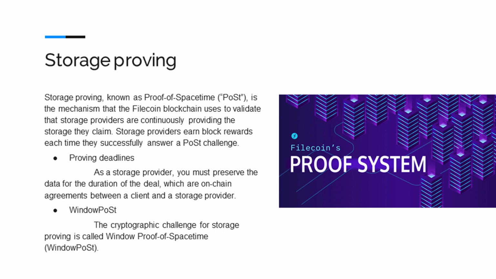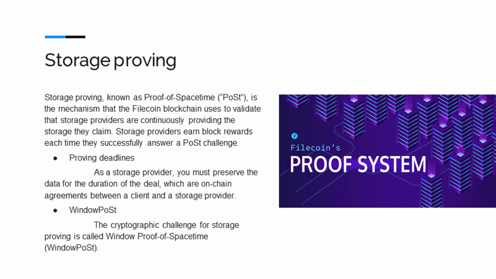Storage providers must be able to continuously prove the availability and integrity of the data they are storing. Every storage sector of 32 GB or 64 GB gets verified once in each 24-hour period. This period is called a proving period.